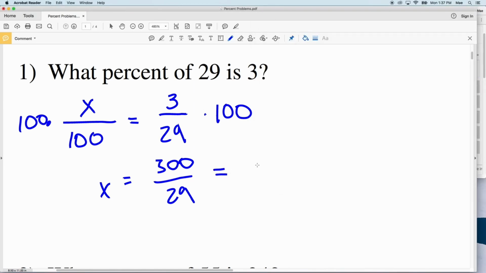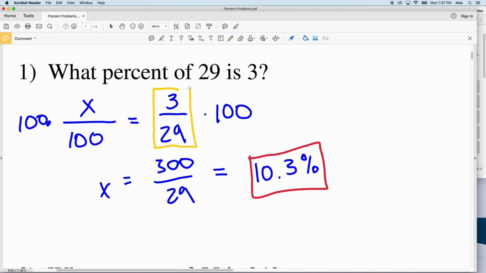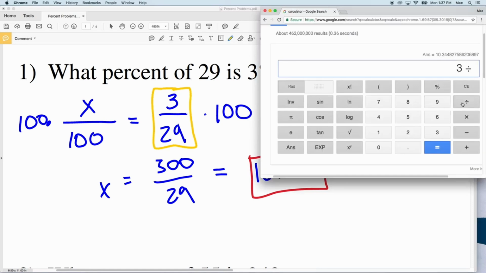So x is equal to 10.3%. Another way you can think of this, if you were just to divide 3 by 29, that's going to give you a decimal. Then, if you multiply by 100, so moving the decimal place over 2 times, you will still get that 10.3.